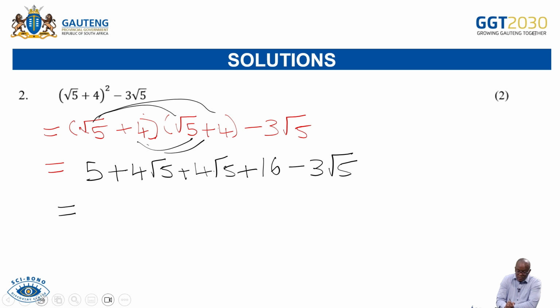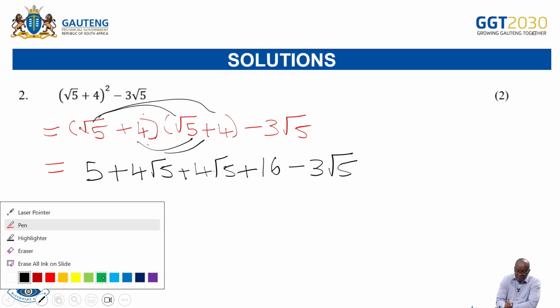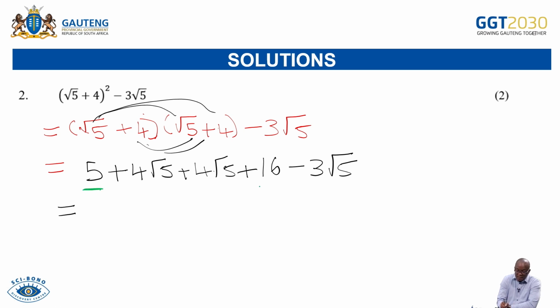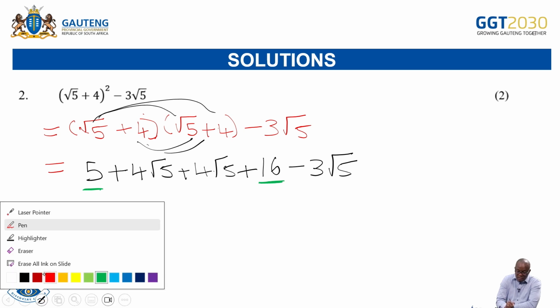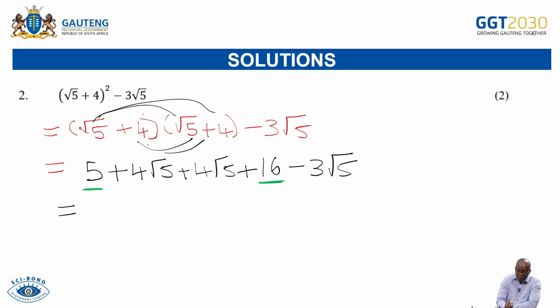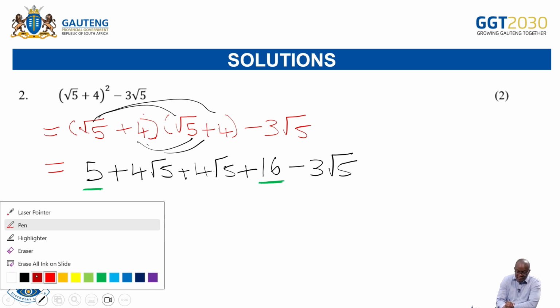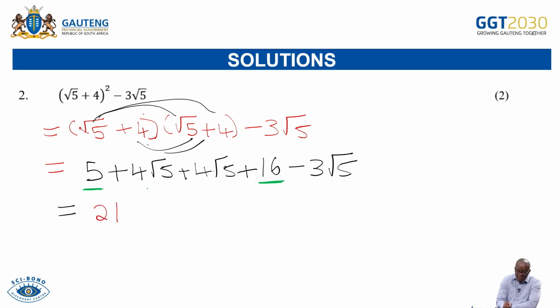Then now you're looking into the like terms, you will find that 5 and 16 are the like terms. So we are going to have what there? We are going to have 21. Then the other like terms are what? 4 root of 5, 4 root of 5, and negative 3 root of 5.